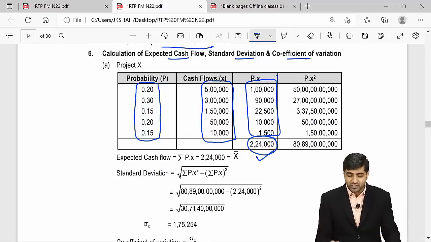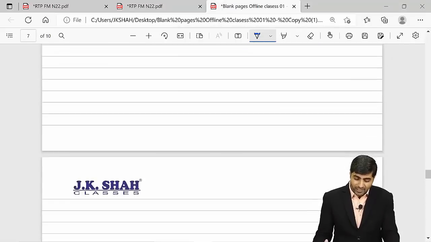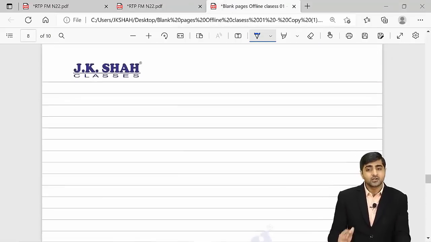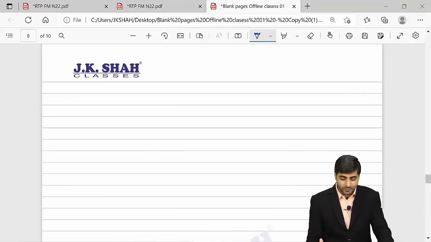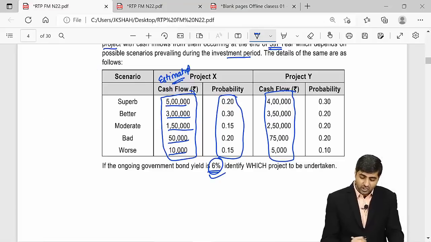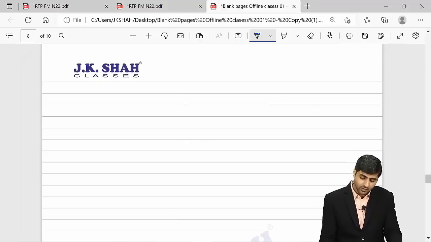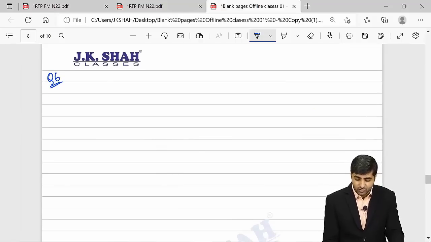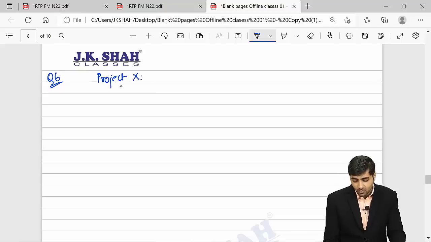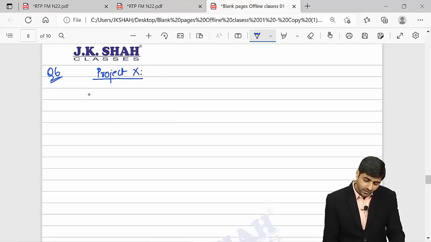So for project X, I will help you calculate and solve this particular part. If you want, you can do this along with me. So now this is your question number 6. In your question number 6, first let us calculate for project X. What should be your expected cash flows?